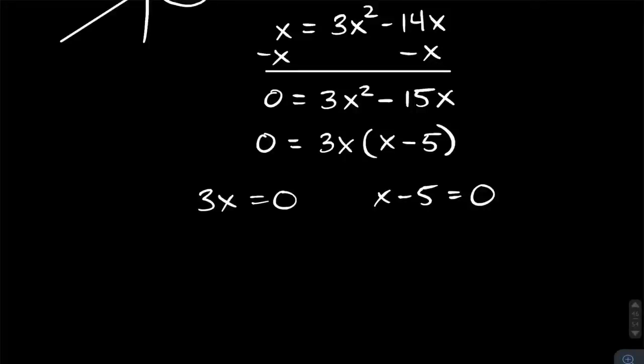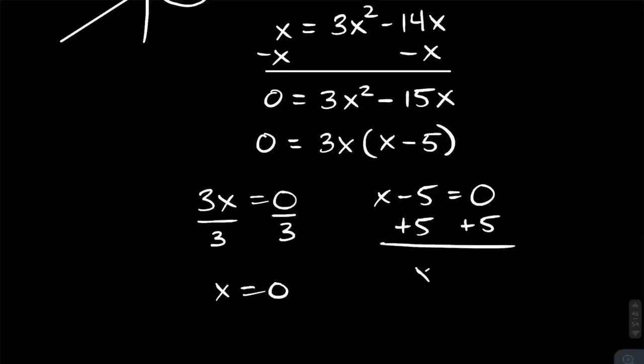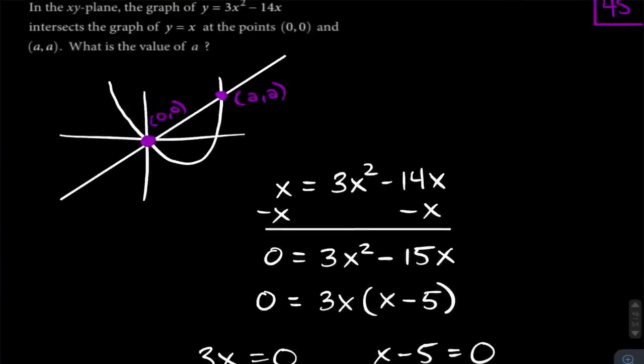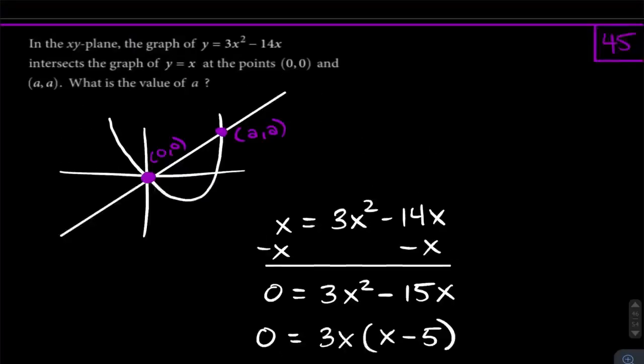So anyways, we can divide by 3 on both sides to see that x would have to equal 0. We can add 5 on both sides to see that x would have to equal 5, and those are the two places. So that makes sense, right? The x equals 0 is good because we know that that is one of the solutions. But we also get x equals 5, and so 5 is going to be this x coordinate, right?